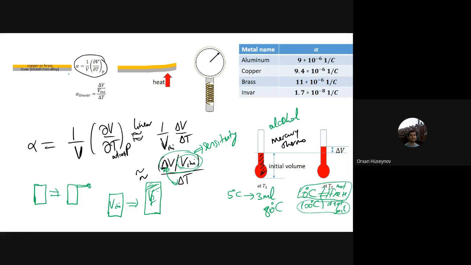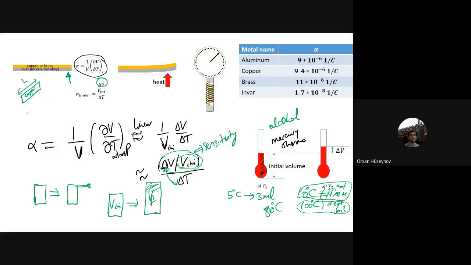When you are heating this part, the copper has more sensitivity to temperature, similar to mercury. But for metals, instead of talking about volume, we are talking about the linear change. Say that this is copper, initial length.